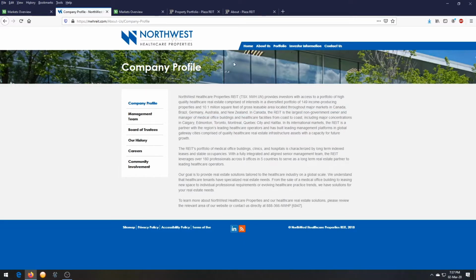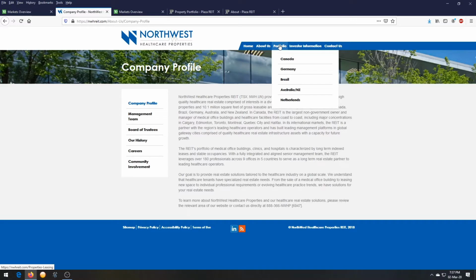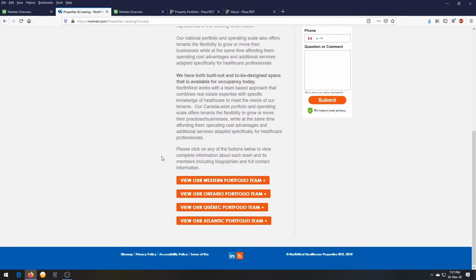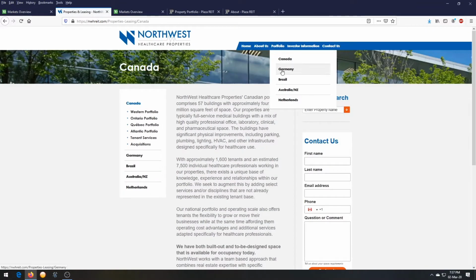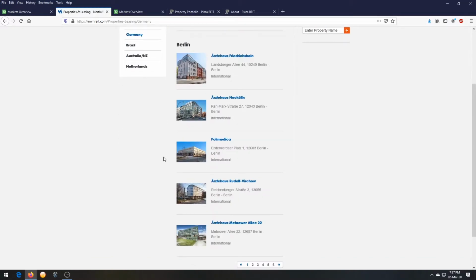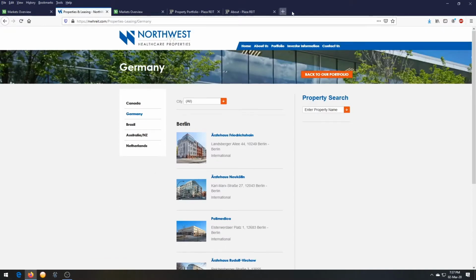And usually we're also able to actually see the entire portfolio. If we just for fun click on portfolio and click on Canada, you'll have all the information on their properties in Canada. If we click on Germany, you would have all their properties in Germany. Pretty cool to see what basically you're owning once you buy this REIT.